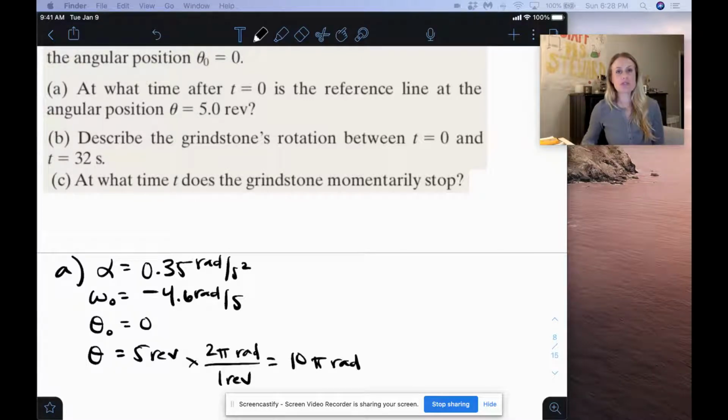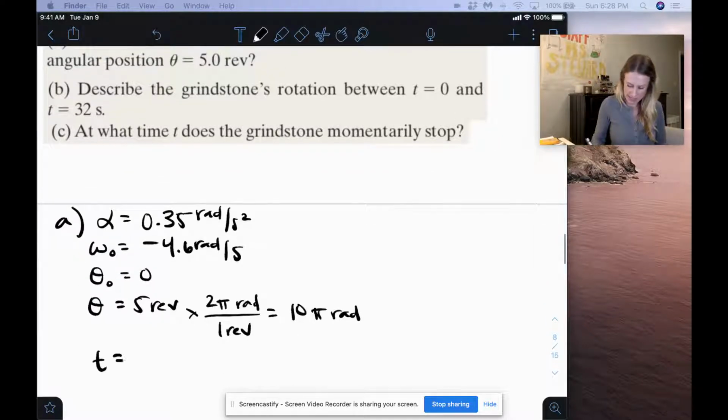Now what you're going to do is treat this like a linear kinematics problem. So we want to think about the equation that you have. Of course, we want the time t. We want an equation that has acceleration, initial velocity, and a change in position or displacement, in this case delta theta, and a time.